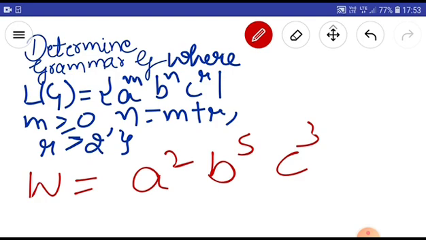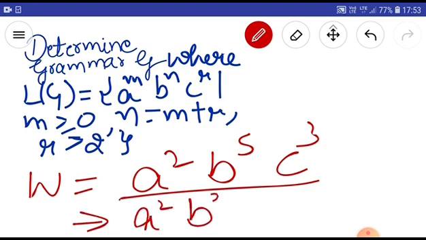So now I am going to generate the production rules. How can we generate the production rules? You can use your own logic to make them. According to me, I can make this B raised to power 5 as B cube and B square, because B raised to power 5 is just equivalent to B square B cube.